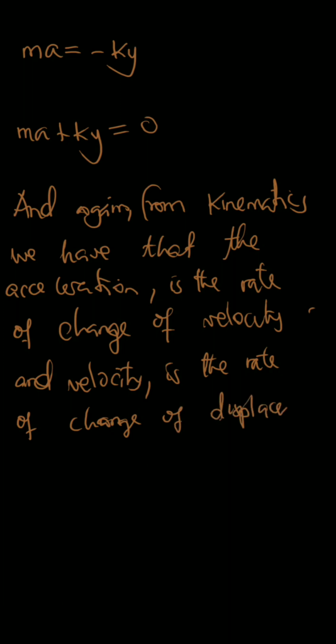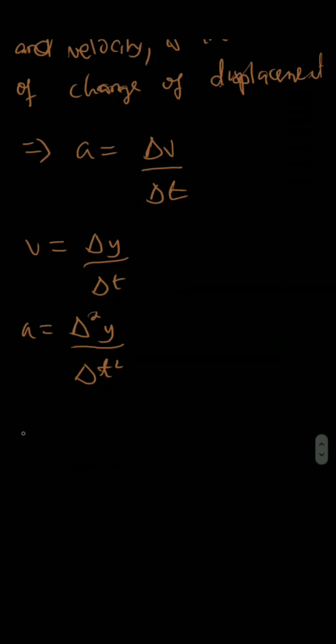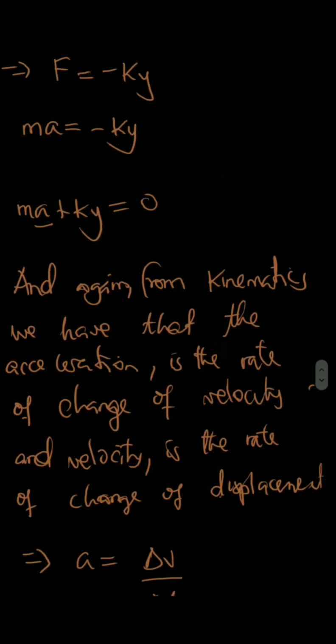So acceleration equals the rate of change of displacement over time twice, with respect to time. So the delta symbol will be changed to d squared y over dt squared, by use of calculus.